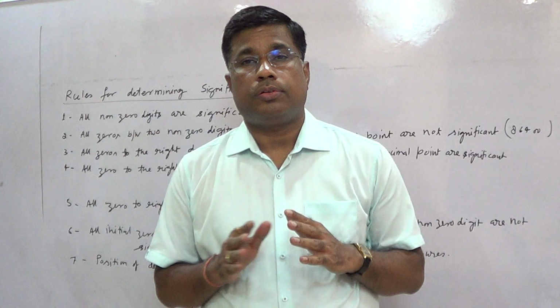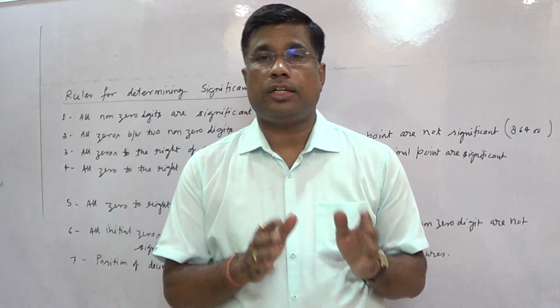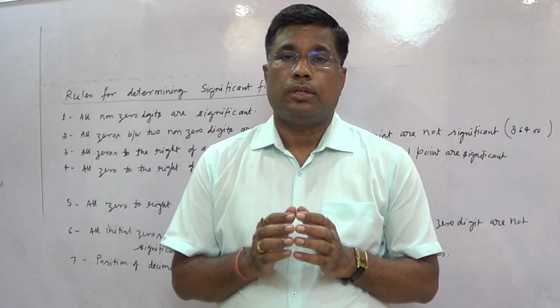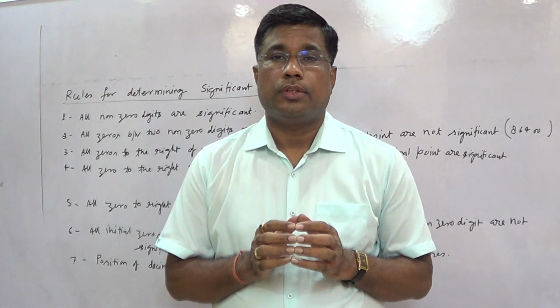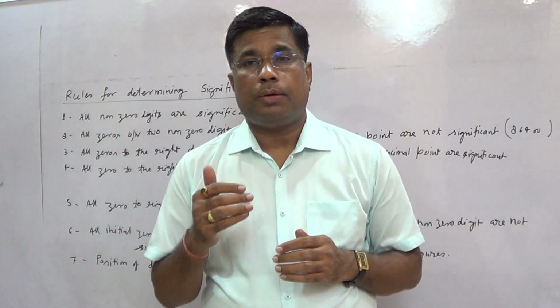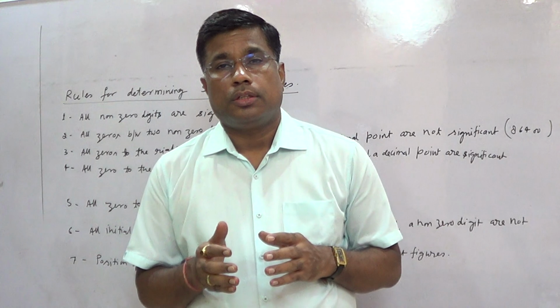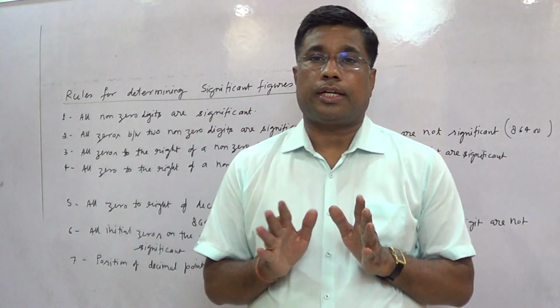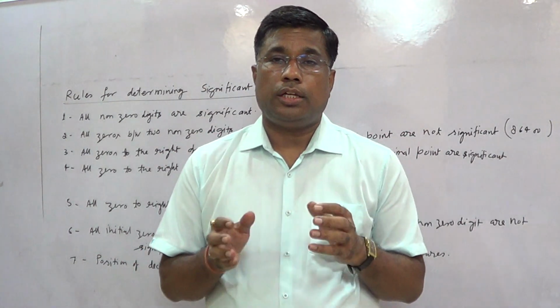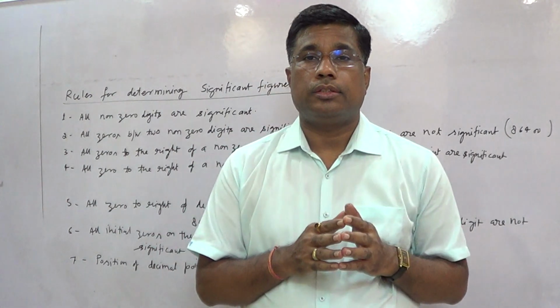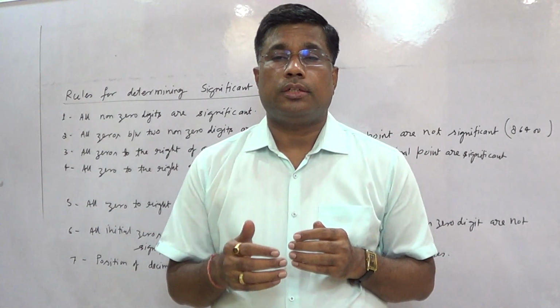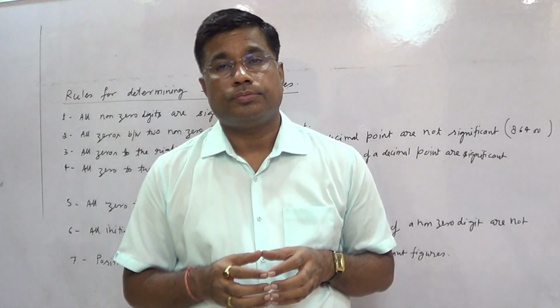Students, if there is a value written in your book measured by any instrument, then you have to assume that the measurement is correct. Now, in that correct measurement, how do we find the number of significant figures?